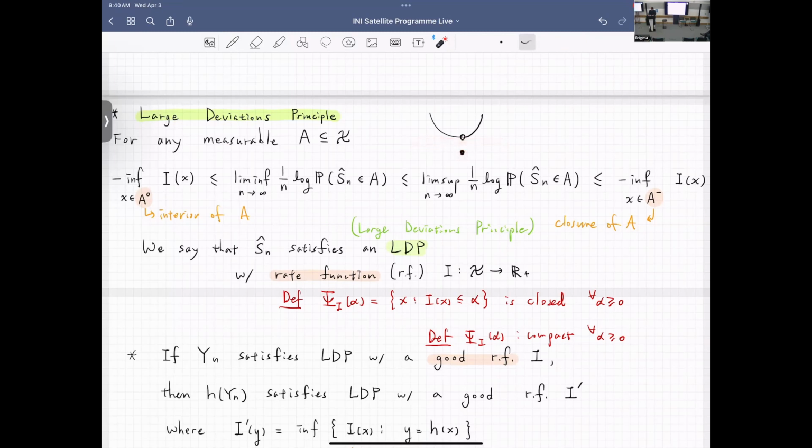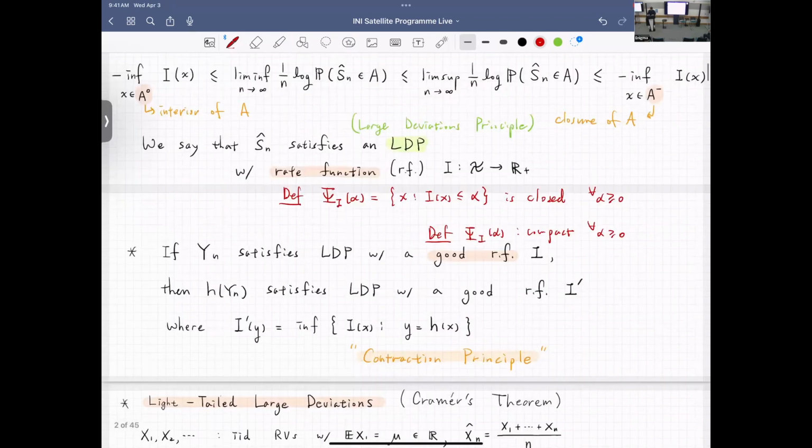But if the discontinuity is this way, and you take the sub-level set, let's say here, then the sub-level set becomes this set, which is not closed. So this is not lower semi-continuous. What it means is that the discontinuity can only be a jump down.